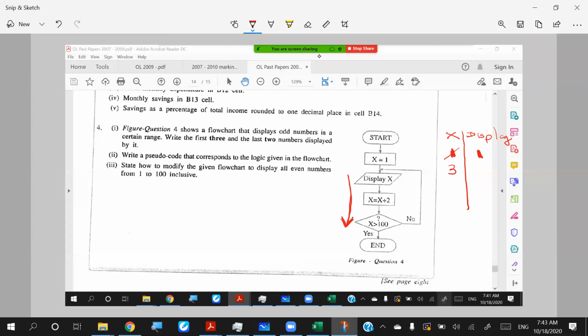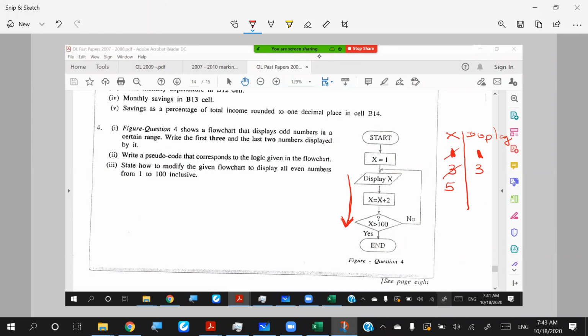And for the second round, you display x, so x value is 3 now, and increase the x value by 2, so 5, right? So the first three values will be 1, 3 and 5. When you go upward again, now x is 5, they check the condition whether x is larger than 100.